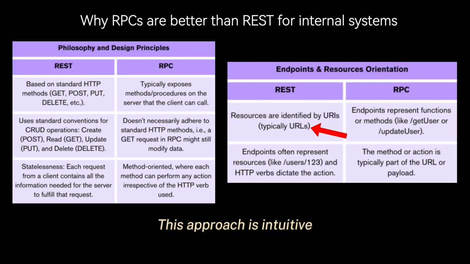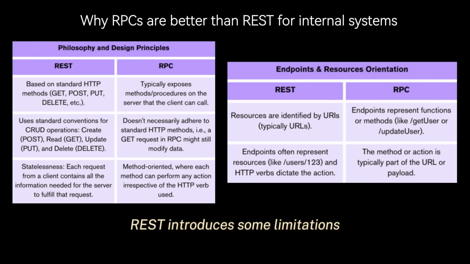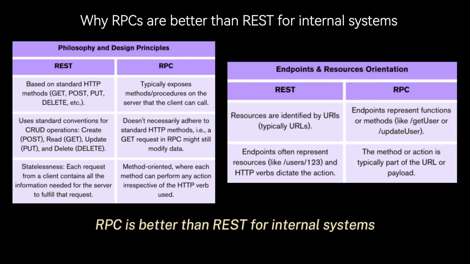This approach is intuitive for external or public-facing APIs where discoverability, statelessness, and simplicity are priorities. However, for internal services that require tightly coupled contracts, strict type safety, and performance, REST introduces some limitations. So now let's answer the critical question of why RPC is better than REST for internal systems.